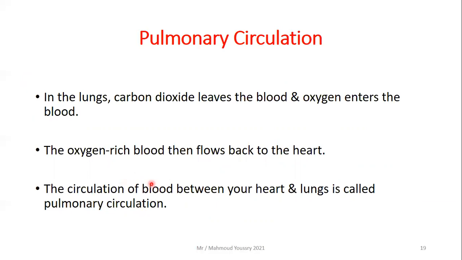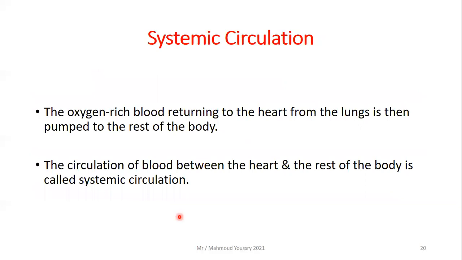The circulation of blood between your heart and lungs is called pulmonary circulation. Then the oxygen-rich blood returning to the heart from the lungs is pumped to the rest of the body. The circulation of blood between your heart and the rest of the body is called systemic circulation.